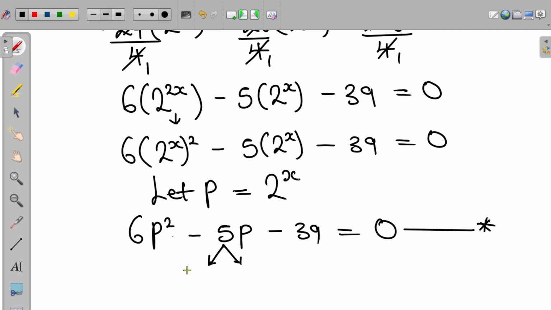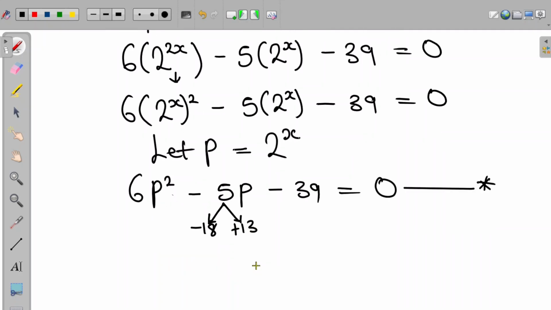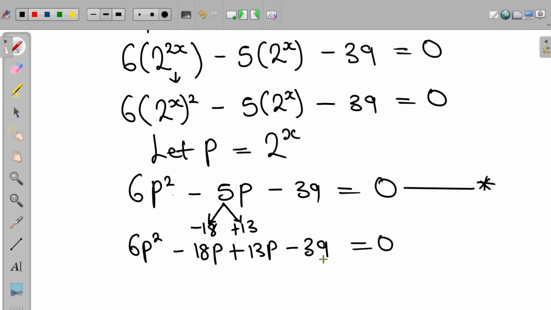The two integers are -18 and +13. Therefore, the equation becomes 6p squared minus 18p plus 13p minus 39 equals 0.